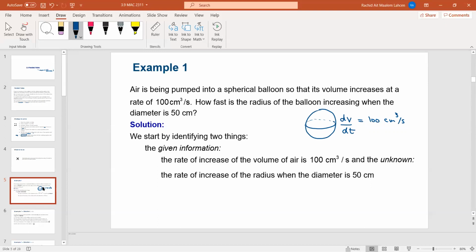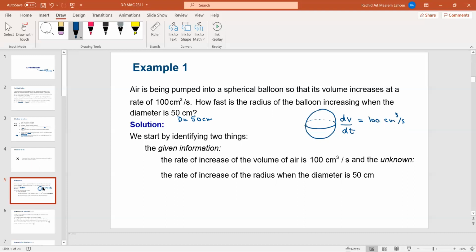How fast is the radius of the balloon increasing when the diameter is 50 centimeters? So this is the problem. When somebody sees that the diameter is 50 centimeters, they'll say, let's just use a capital D for diameter, and I can substitute that in the formula.